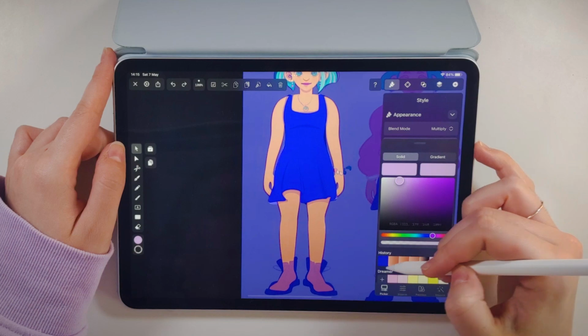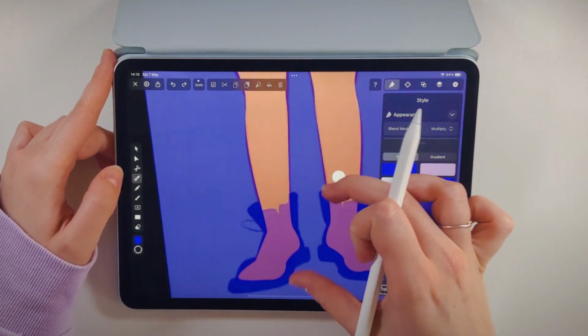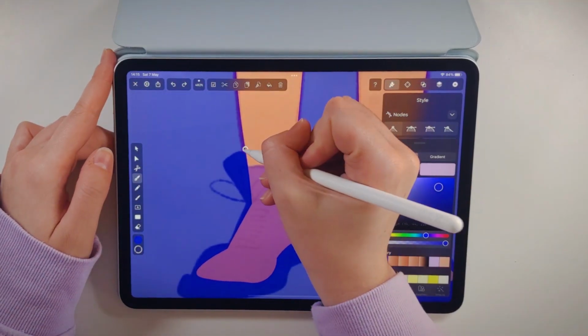But remember, she's also a badass, so I'm adding some edgy accessories to spice it up, like these combat boots.